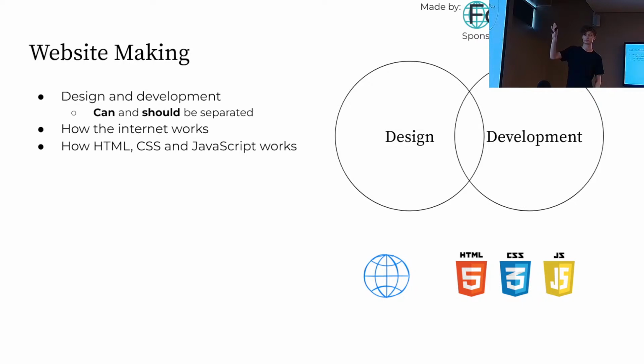Both of the terms are pretty broad, but you can and should separate the two, as if you first think of all its functions and how it should work, it will make it a lot harder to get the design that you actually want, since you have to basically sign off of the functions. So it's better to start with design. Later we'll continue with how the internet works and how HTML, CSS, and JavaScript works.